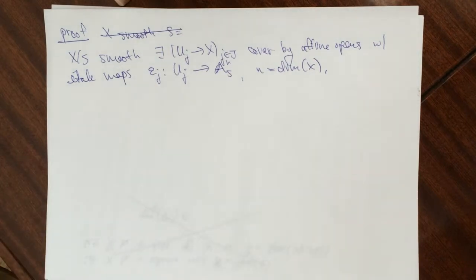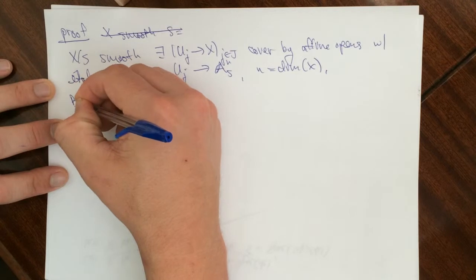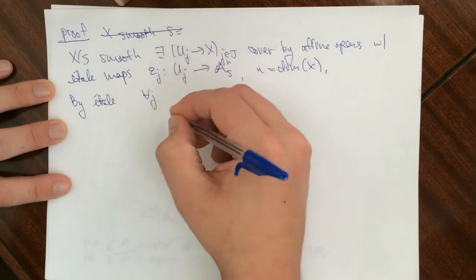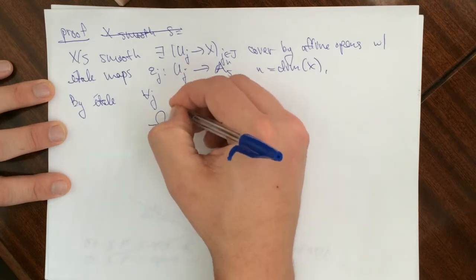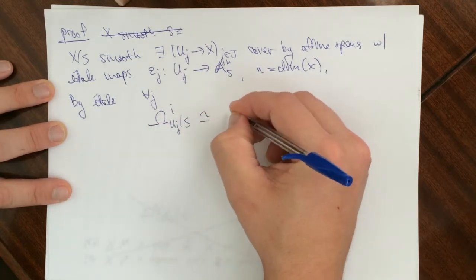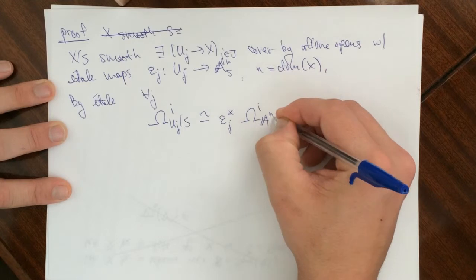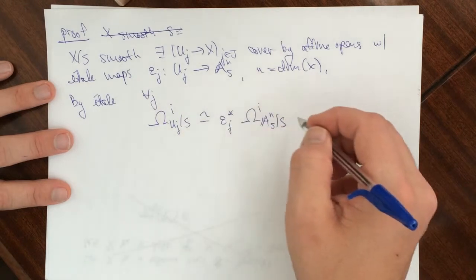So we have étale maps like this, and what does this tell us? By the étale property, for all j, we have the following. Omega of U_j over S, in degree i, is isomorphic to epsilon_j star of omega of A^n over S. Here this is really affine space.